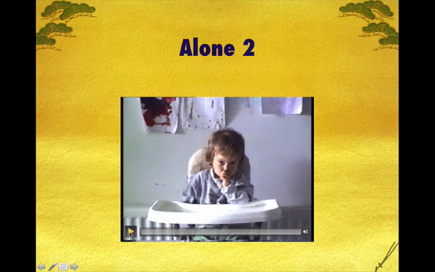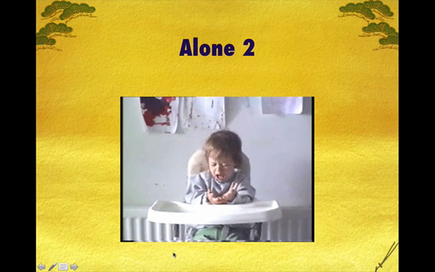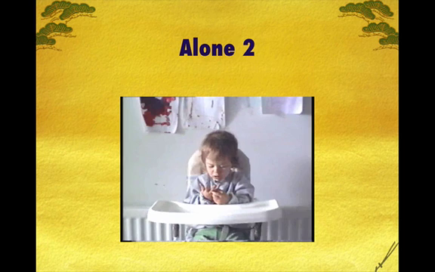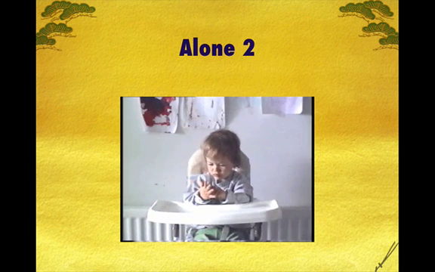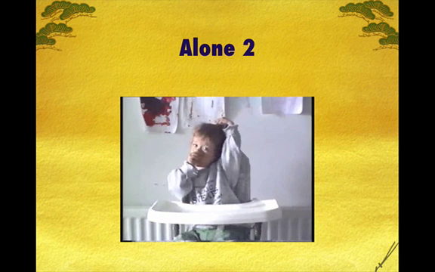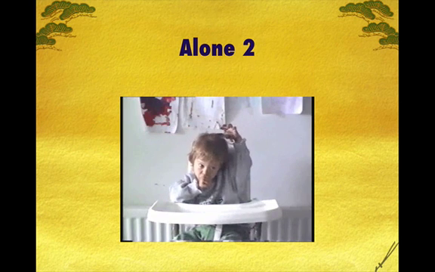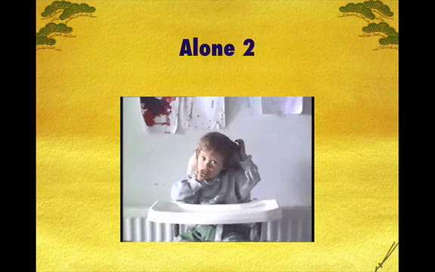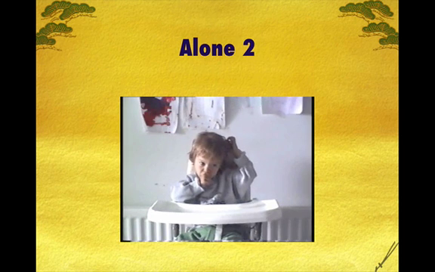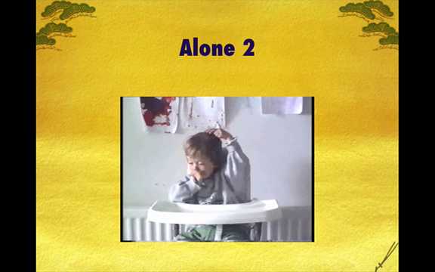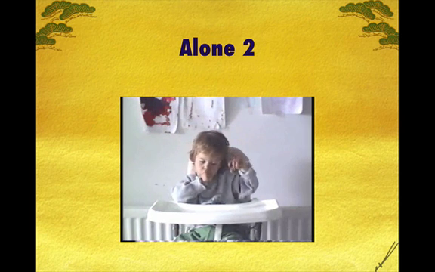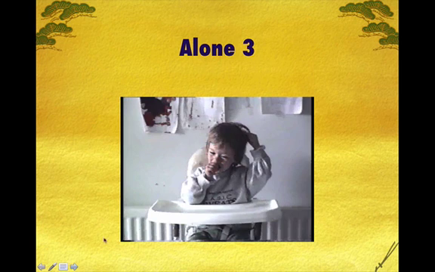You want to repeat the condition in a different situation. Third observation.